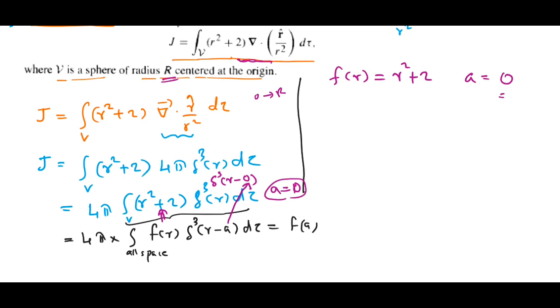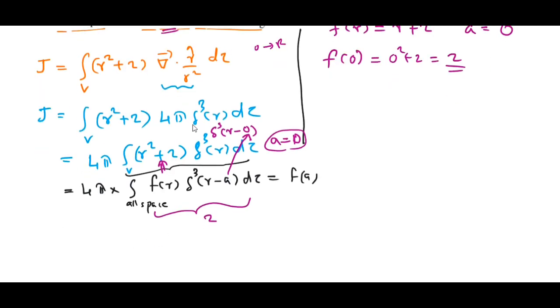Now, if this is the case, what will be the answer? That is, 0 to R is our limit, and our a lies inside it. Then f(0), that is 0 squared plus 2, is nothing but 2. Therefore, the answer of this integral is 2, because we know that f(a) will be the answer of this integral.